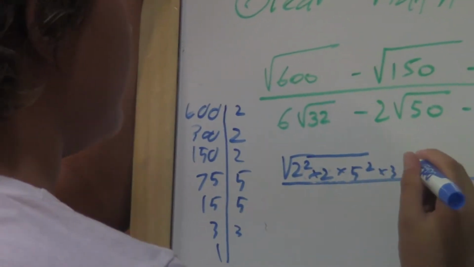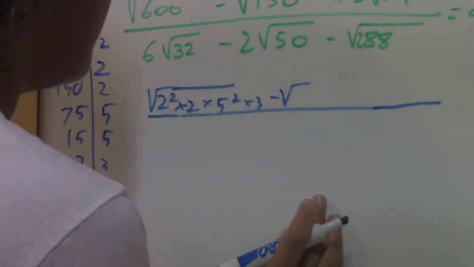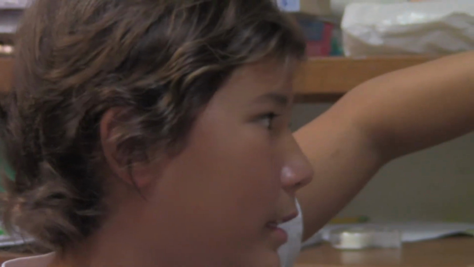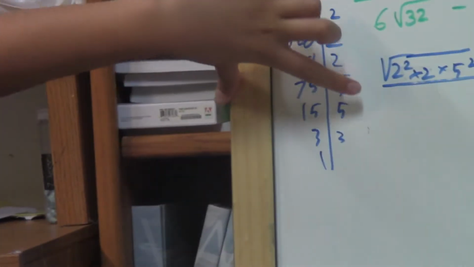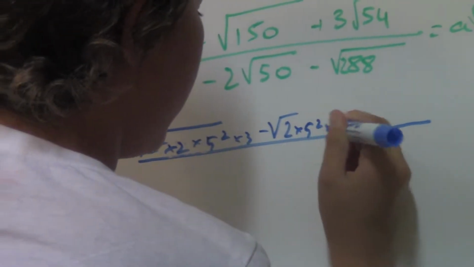Make the line longer. Thanks for reminding me. We don't have to do the same thing for 150 because we already did it here. Basically, 2 times 5 times 5 times 3, so 2 times 5 squared times 3.